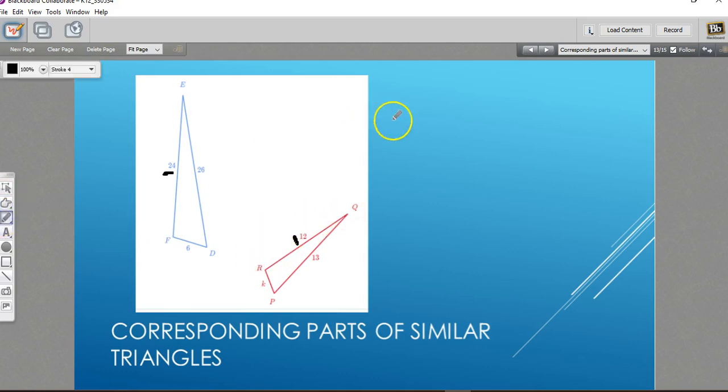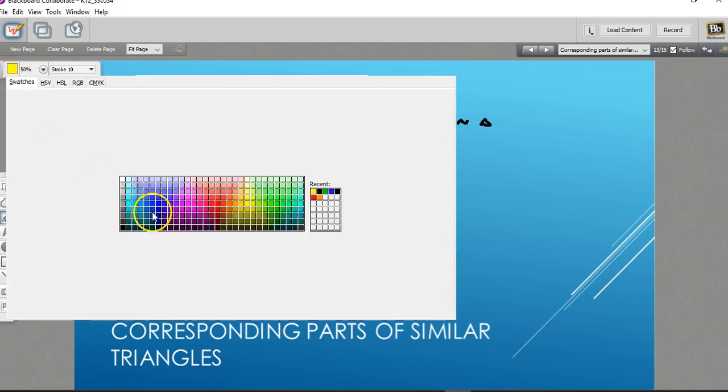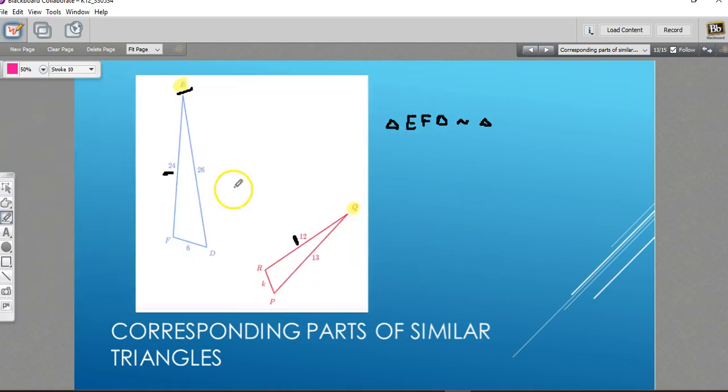So if it helps, we can draw, well, triangle EFD is similar to triangle, so E, let me break out the highlighter, I think that helps. E corresponds with Q. See that? I think that's the better way to teach that.